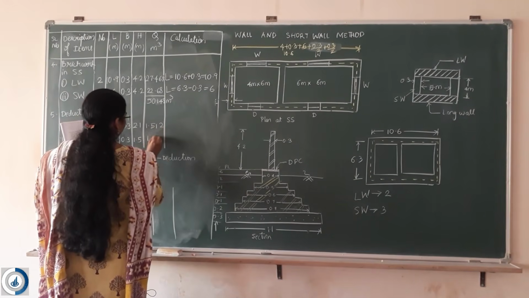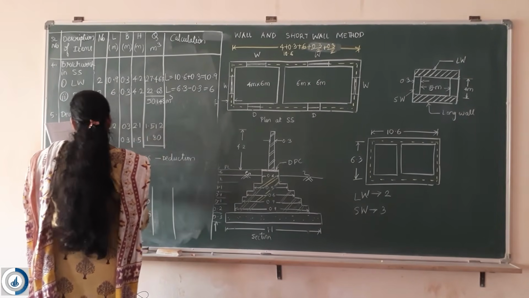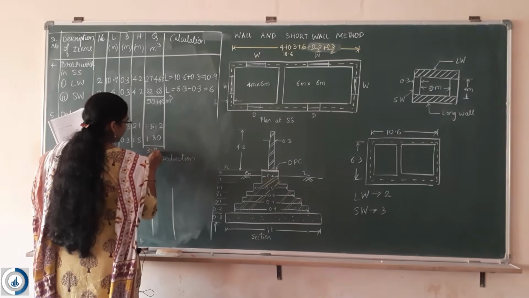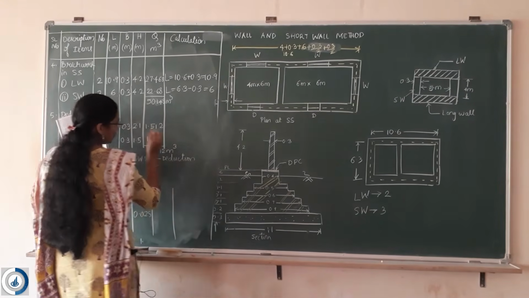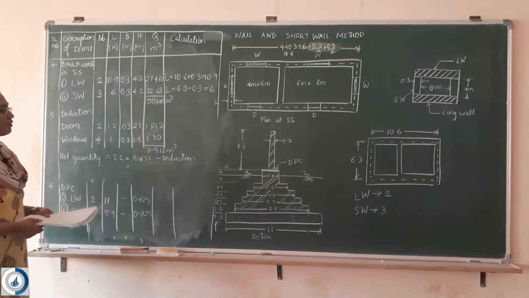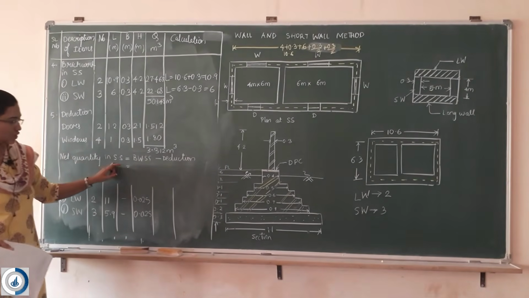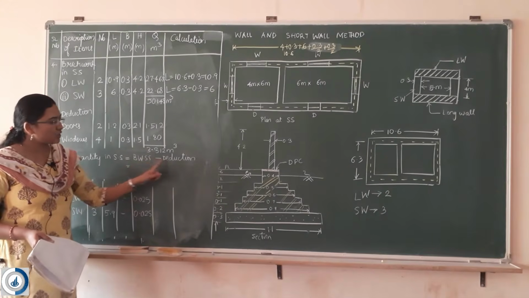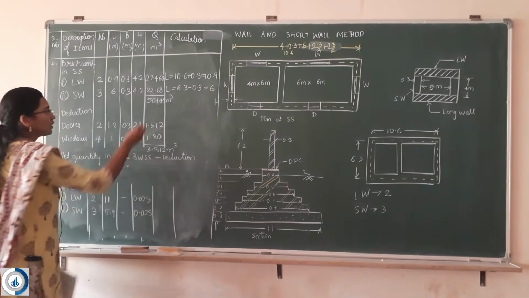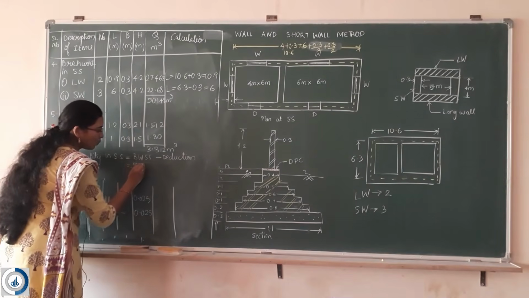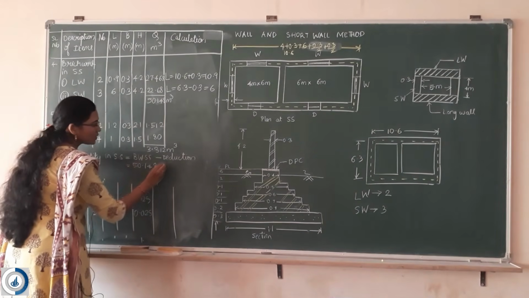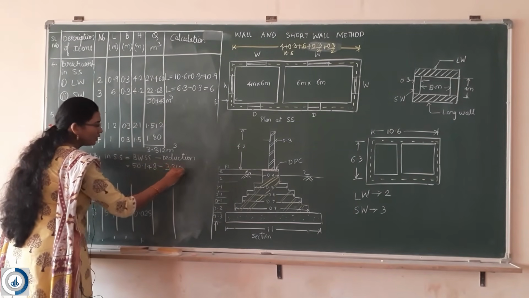1.512 and 1.80, the total of which is 3.312 meter cube. Now we have to deduct this part. The net quantity of brickwork in superstructure is brickwork in superstructure minus the deduction, that is 50.148 minus 3.312.